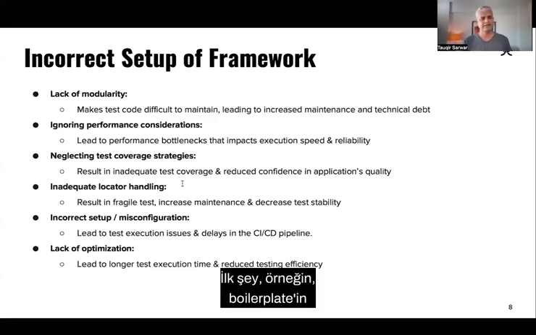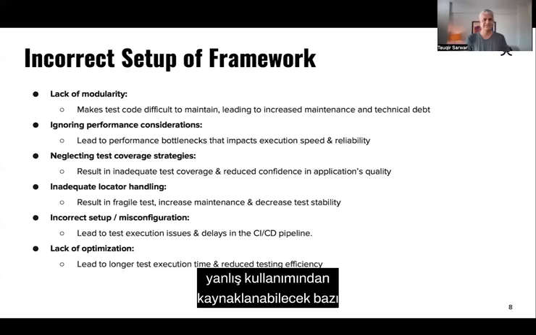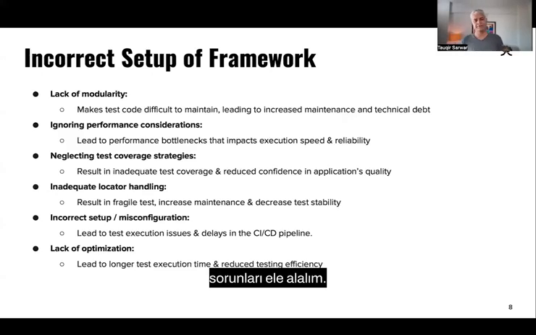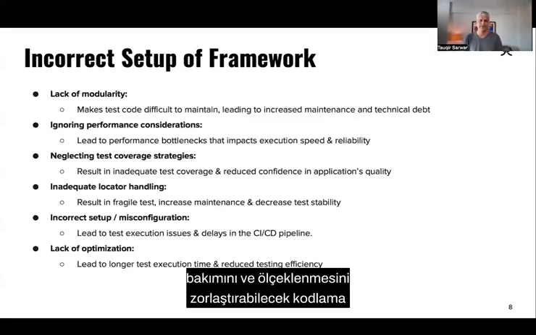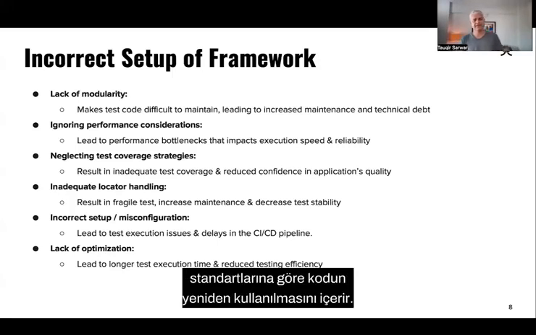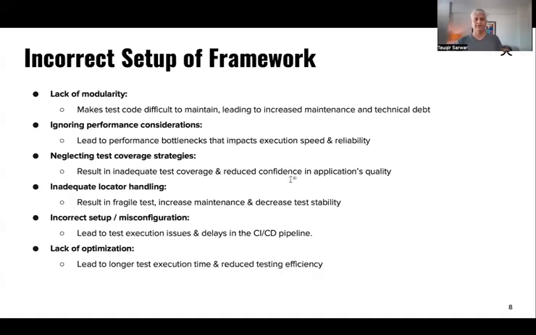The first thing is, for example, let's consider some of the issues that can arise from incorrect use of the boilerplate. These include lack of modularity and code reuse, and poor coding standards that can make the test code difficult to maintain and scale.